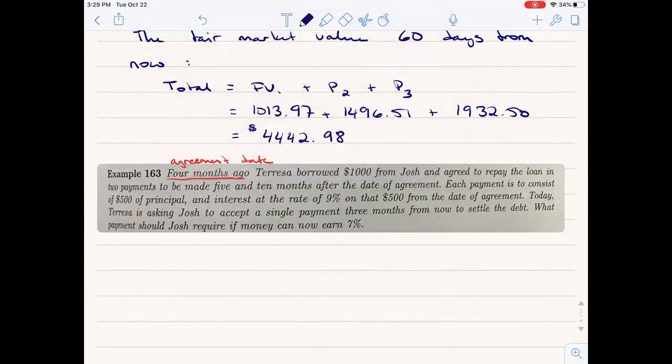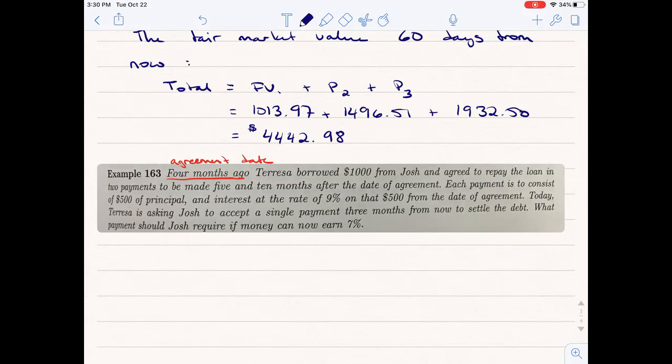Teresa borrowed some money, and she's going to make payments 5 and 10 months after 4 months ago. So far, I've got 4 dates.